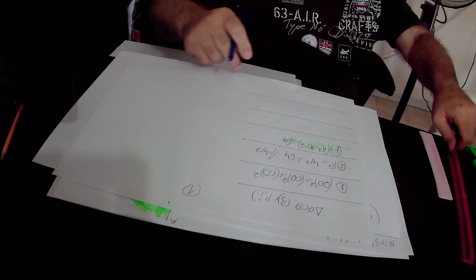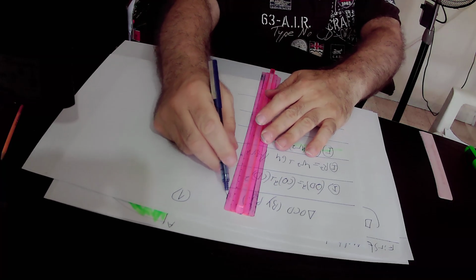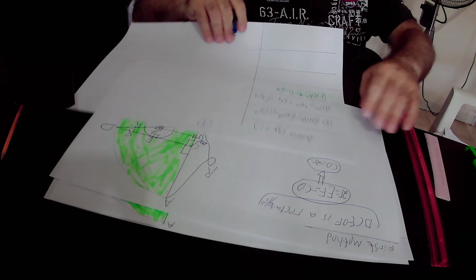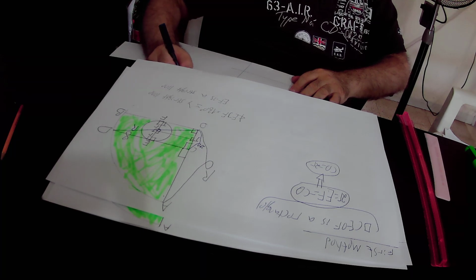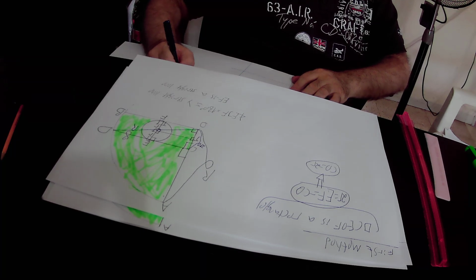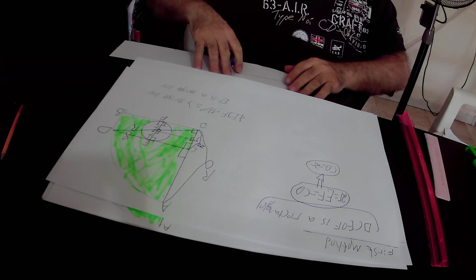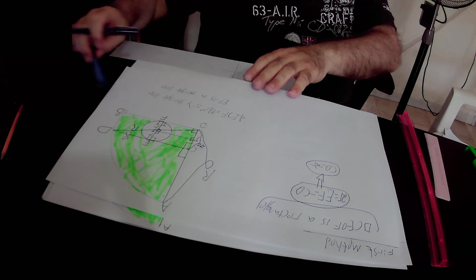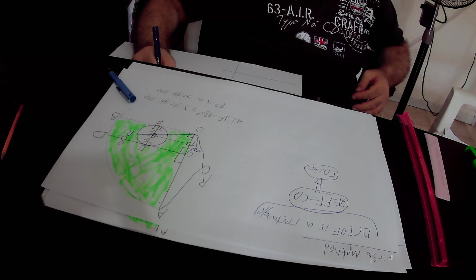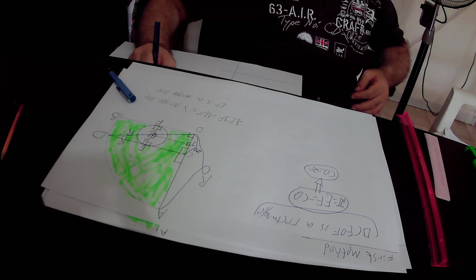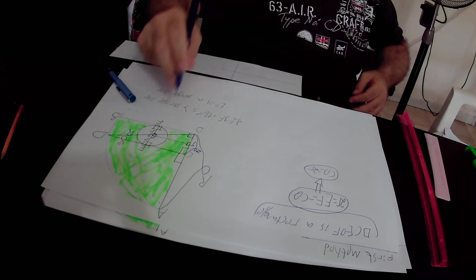And what is actually the area of the green shape? From the drawing, it is very easy to see that the area of the green shape equals the area of the quarter circle minus the area of the small circle.